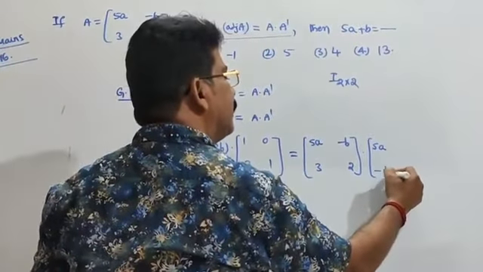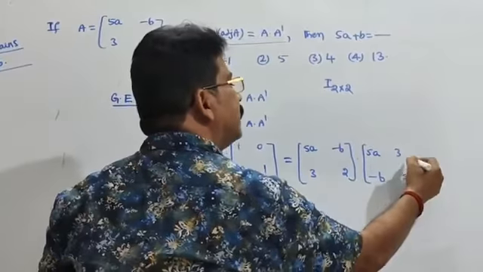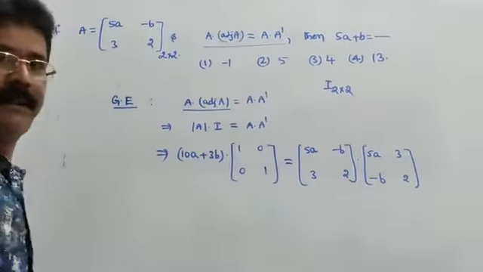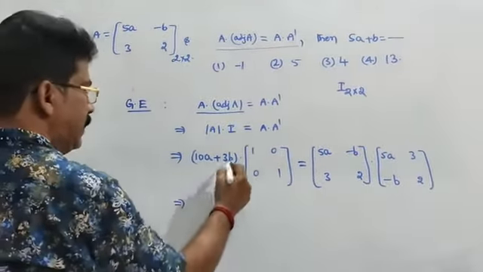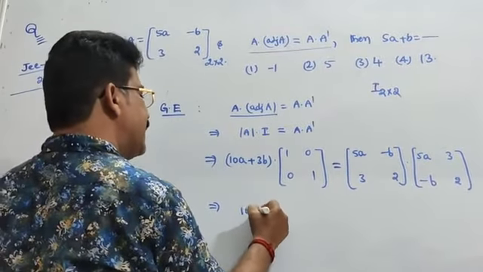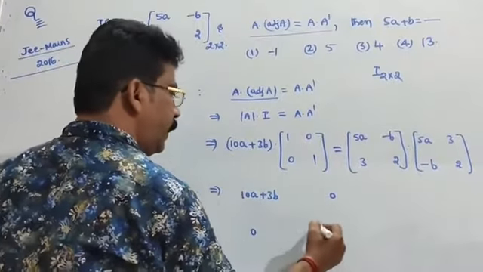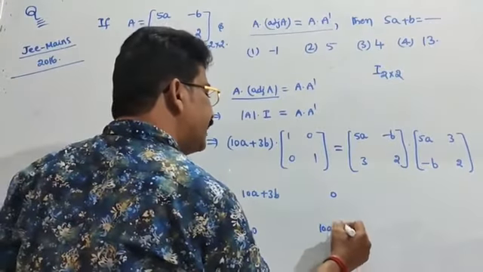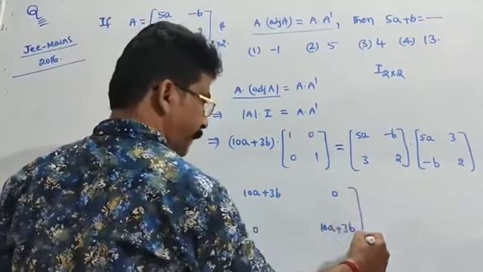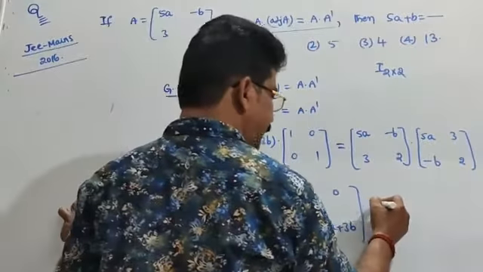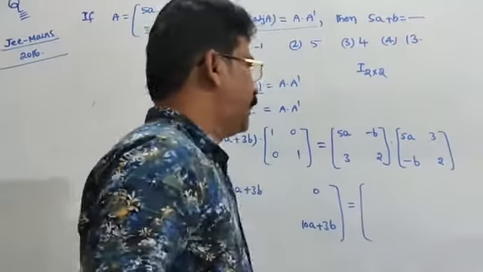So multiplying, we get 10A plus 3B, 0, 0, 10A plus 3B, that is equal to the product.